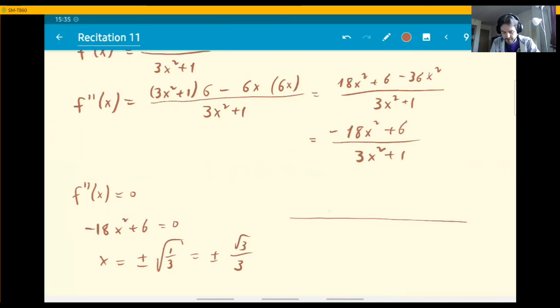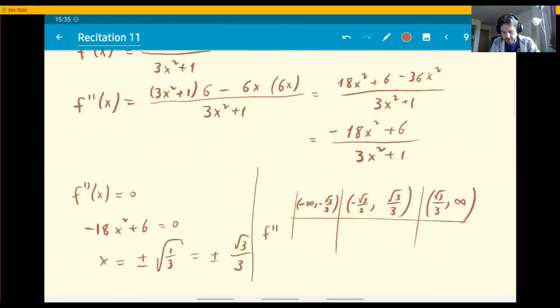Now, for studying the sign of f double prime, you do this. Consider the 3 intervals in which those 2 points divide the real line. In each one of those intervals, f double prime is going to have a definite sign.